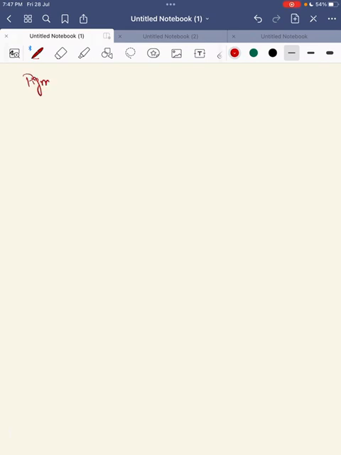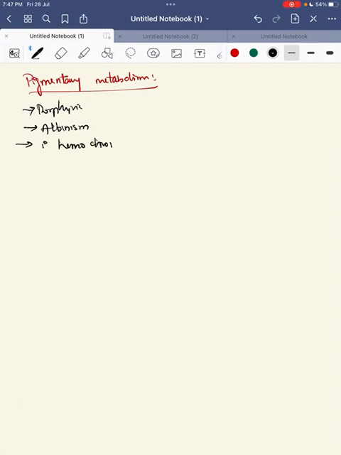Next, pigment metabolism. We have porphyrias, albinism, primary hemochromatosis, methemoglobinemia, Gilbert syndrome, Crigler-Najjar syndrome, Rotor syndrome, and Dubin-Johnson syndrome.